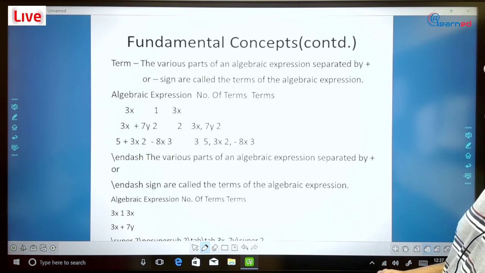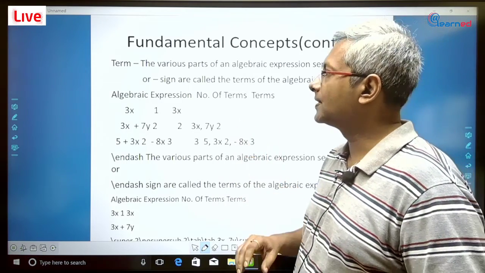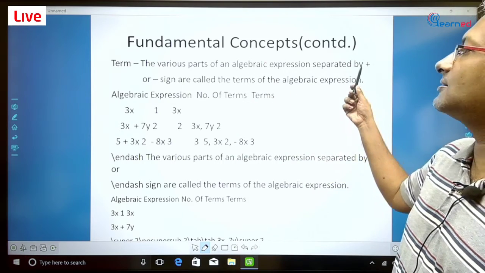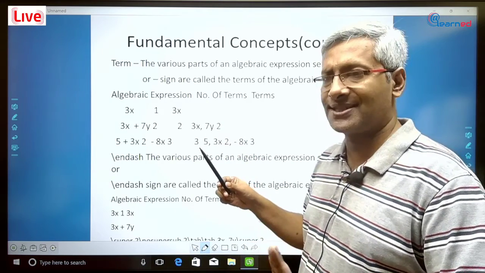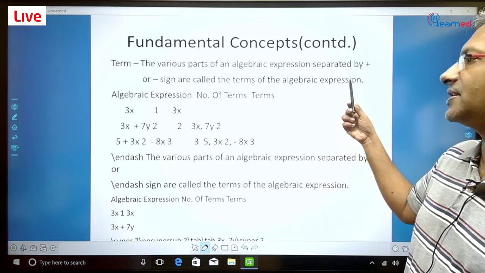Okay. Now again we come back to what is a term. The various parts of an algebraic expression separated by plus or minus sign are called the terms of the algebraic expression. As I said before, only plus and minus signs separate terms in an expression.